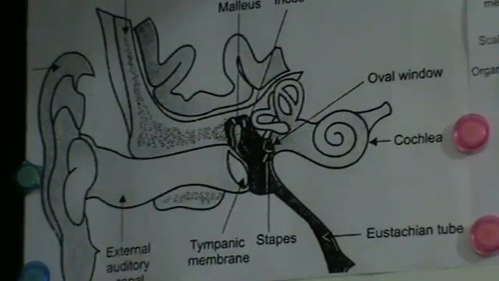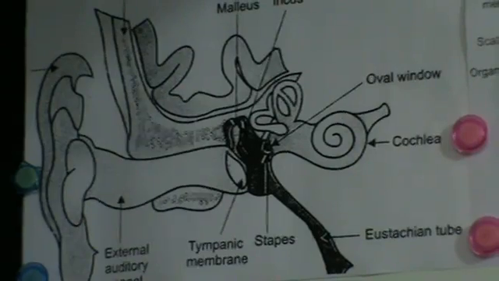The vestibular apparatus consists of membranous semicircular canals, and also the utriculus and the sacculus.